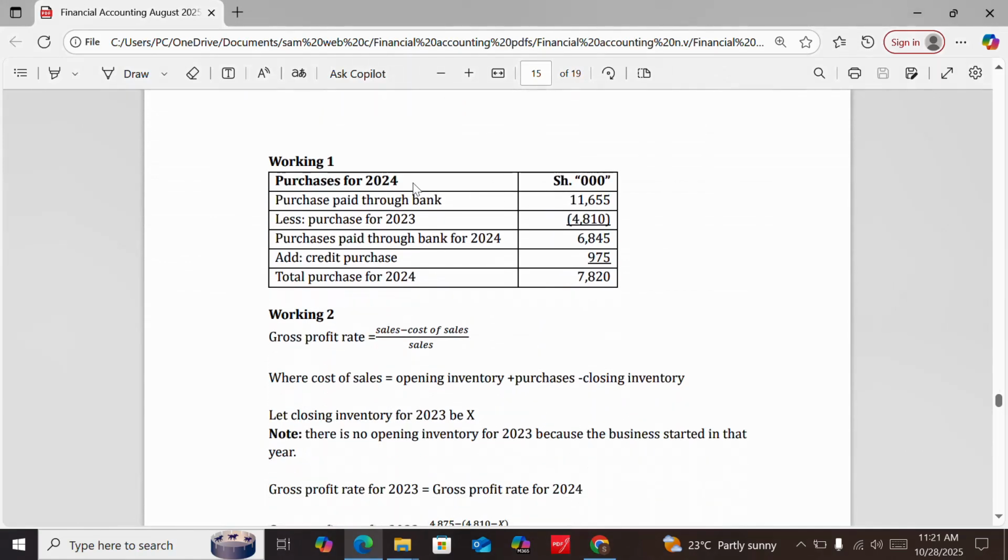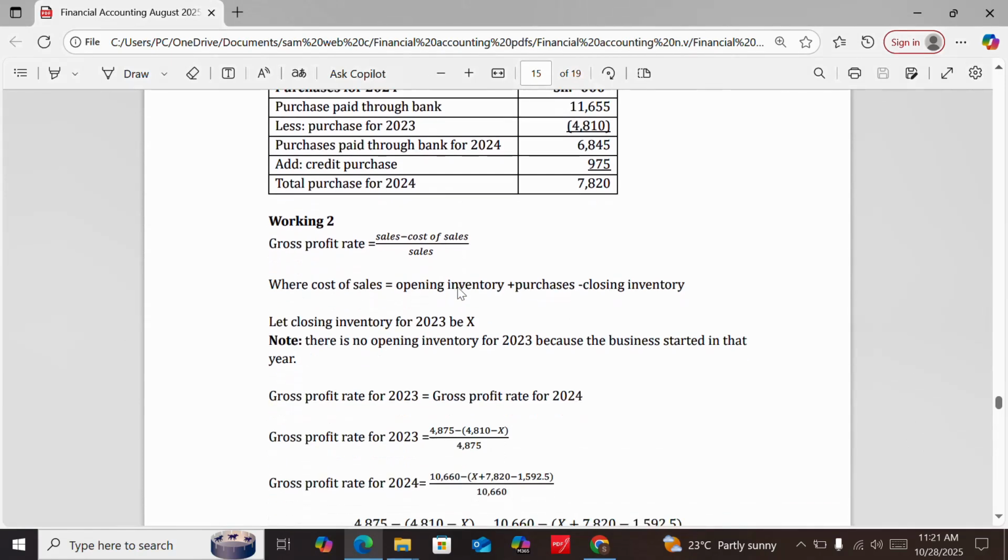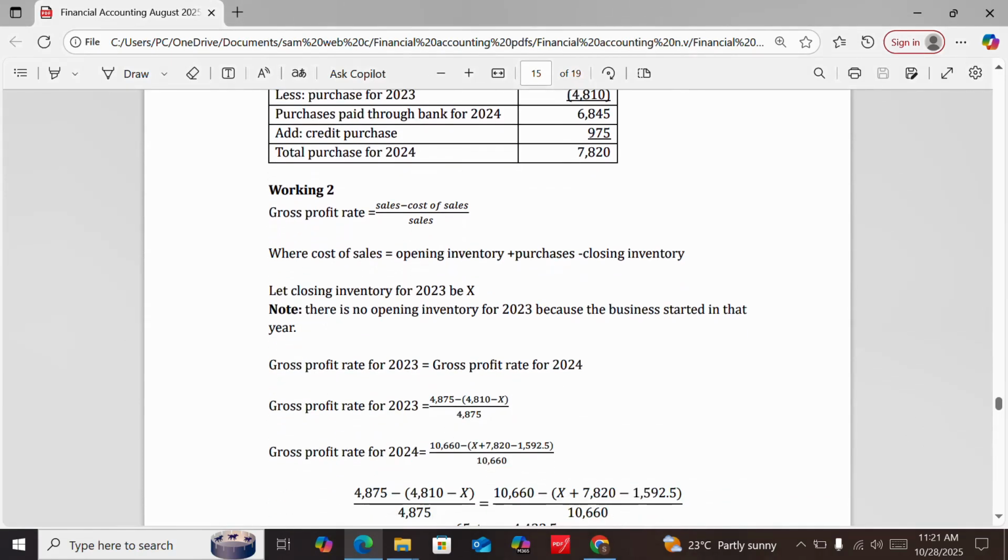We have working 1 for purchases in 2024. Then we have working 2 for the closing inventory.